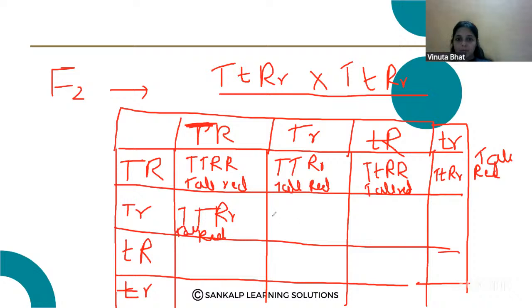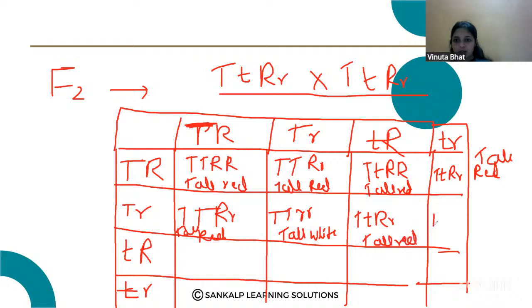Okay. Then capital T, capital T, small r, small r. Here, tall, but white color flowering plants. Then capital T, small t, capital R, small r. This is also a tall, red color flowering plant.